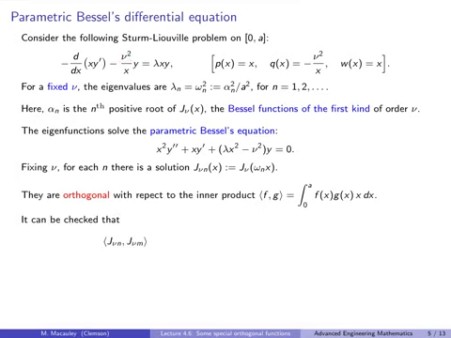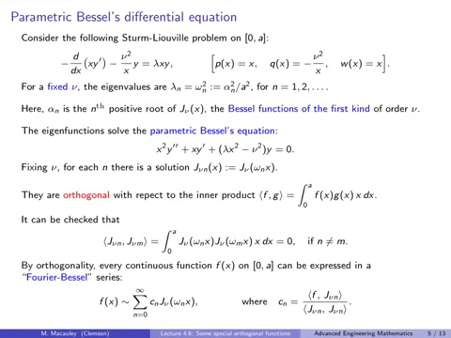It can be checked that if you take any two dilates of this Bessel function, you take their inner product, J nu n dot J nu m, that's just the integral from 0 to a of J nu of omega n x times J nu of omega m x times the weighting function x dx. Then you get 0 if n and m are distinct. Now there's not going to be a nice closed form solution, I'm sure, for what this thing is when n and m are equal. So just know that it has to be non-zero.